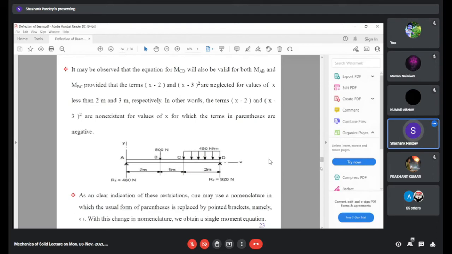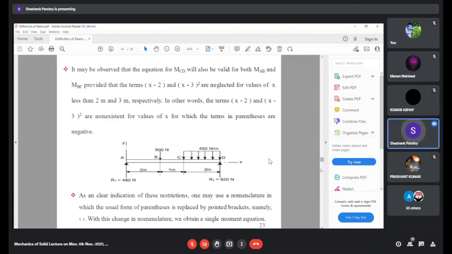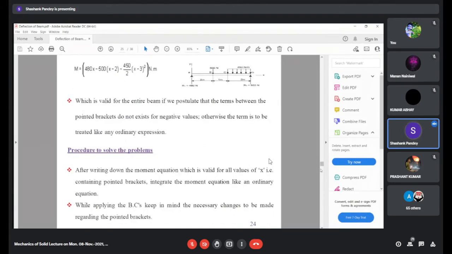Now we will integrate this equation twice. If you integrate this equation twice, can some of you please work this out? Integrate equation MCD twice, and we will get this expression with C1 and C2. We will see how these constants are determined.